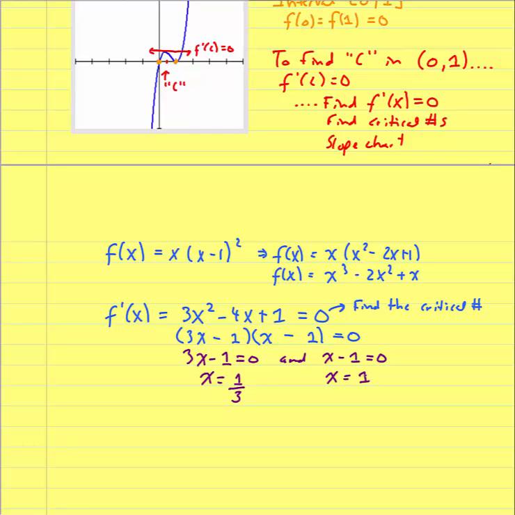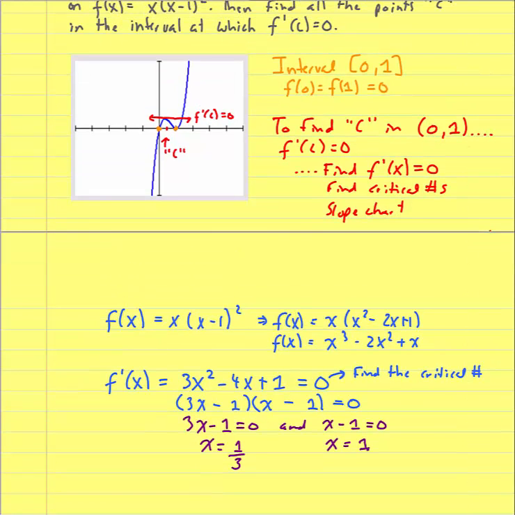Now, this is an important point that we need to make about the difference between the value of 1/3 and the value of 1 when we're talking about Rolle's theorem. Now remember, my interval was the closed interval 0 to 1, but the value of c I'm looking for is in the open interval 0 to 1.